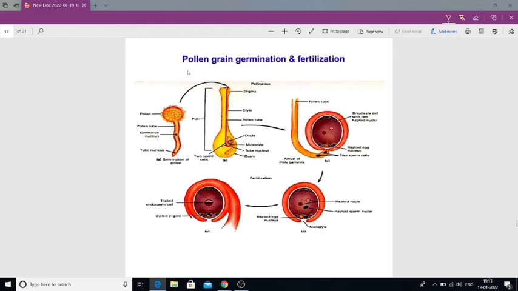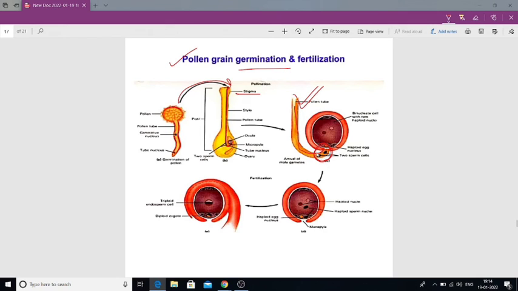In this figure, they have shown the same thing: how the pollen grain comes and joins to the stigma, and how it creates this pollen tube. After the creation of the pollen tube, see here, the two pollen grains are there, meaning two nuclei, one macronucleus and another micronucleus.